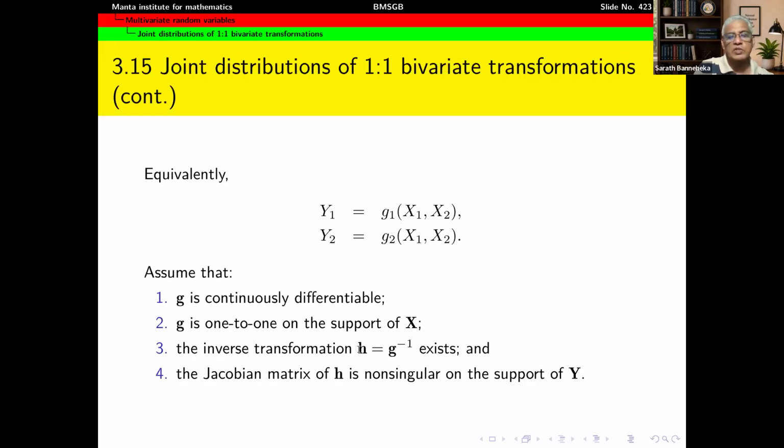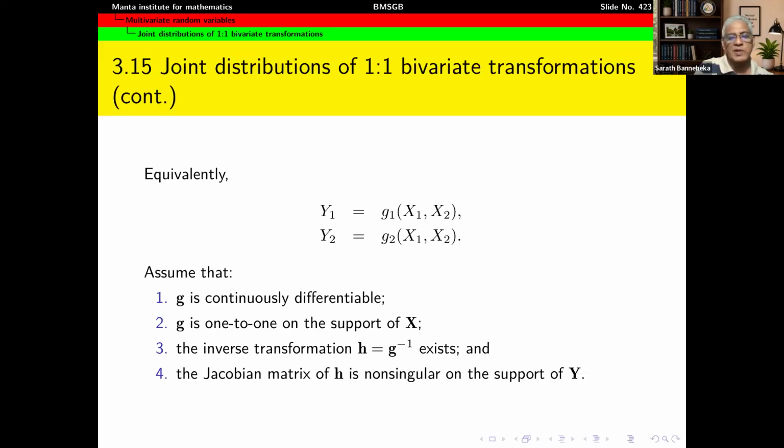The inverse transformation exists, right? So we are using a single letter here that is actually the same as G inverse. That is another notation, but to make it simple, we use H. And also the Jacobian matrix of H is non-singular on the support of Y. So those are the assumptions.